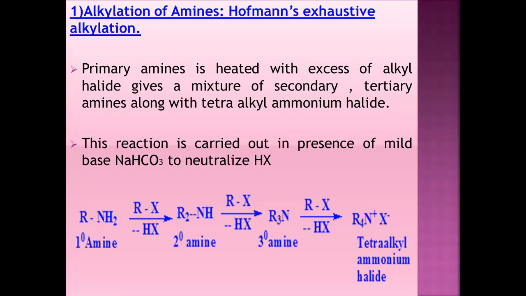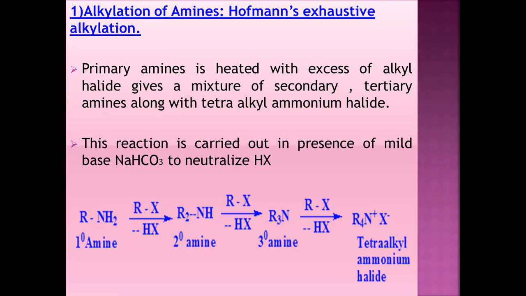So primary amines, that means RNH2, when heated with excess alkyl halide, give a mixture of secondary, tertiary, and finally, lastly, quaternary amine, also called tetraalkyl ammonium halide, which is obtained as the final product.